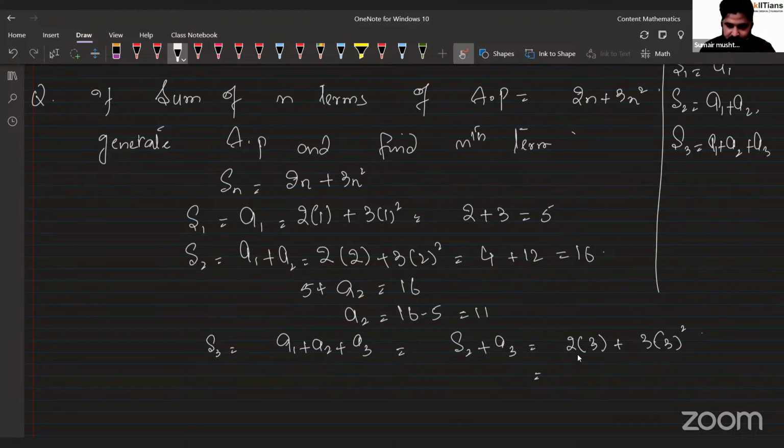Yeah, correct, good. That is 6 plus 27. How much is that? 33. But this is already 11, isn't it? This is 16. 16 minus 33, how much is it?